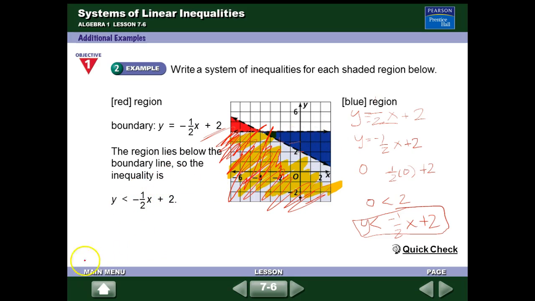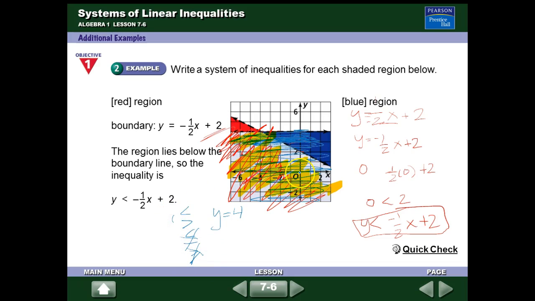So now let's look at the blue region. This is our shaded area. So our line here crosses at y equals 4. It's a dashed line, so we know we have our 4 choices. We know because it's a dashed line that it cannot be either of the equal to options, so we have these two options.